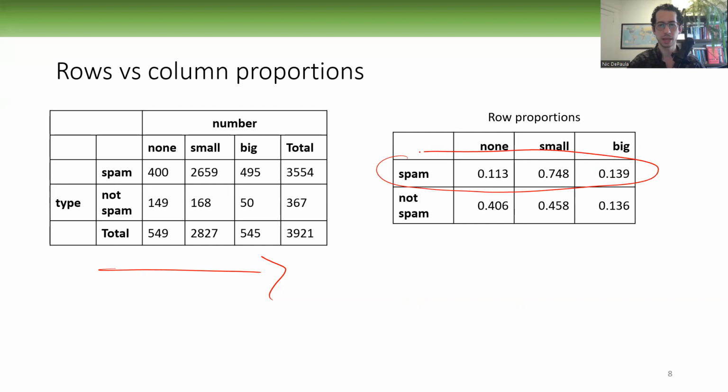Just within spam, we see that there seems to be an impact or an association between the number categories and the spam categories. And then not spam, it's interesting. Within the not spam, we don't see a big difference between none and small, but we definitely see a big difference with big numbers. So this is part of the explorations we need to do to examine if there is an association between variables, and we do that via contingency tables and proportions.